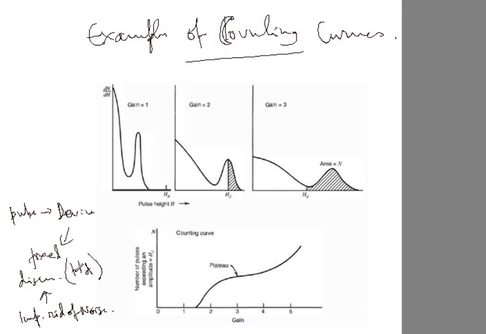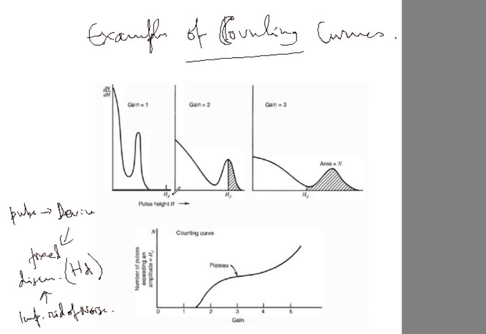So pulses must exceed HD in order to be registered by the counting circuit. Now you will ask, is HD fixed? No, it is possible to vary it as well in the course of measurement.